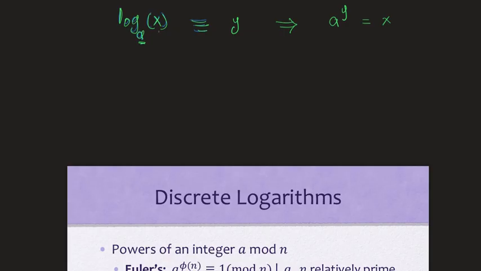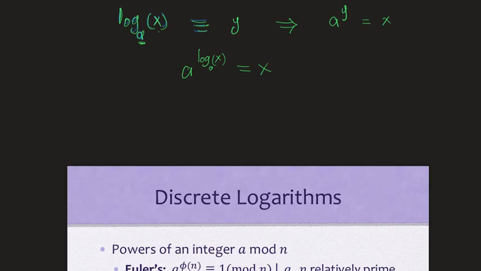Okay. So if I write a to the power of log x to the base a, what's going to be the result? x. So again, a to the log of x to the base a is equal to x directly, right?